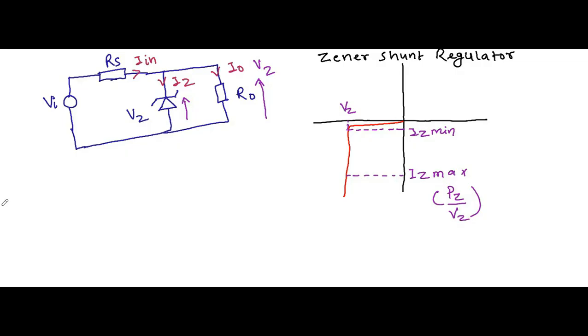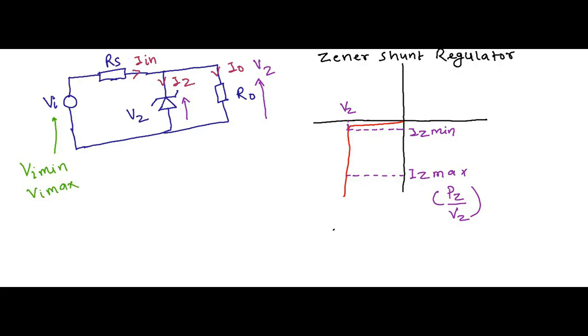So let us say you have here the input voltage. Okay, so Vi is your input voltage, and you have the unregulated input voltage. If I say unregulated, that means you have the Vi min to Vi max.